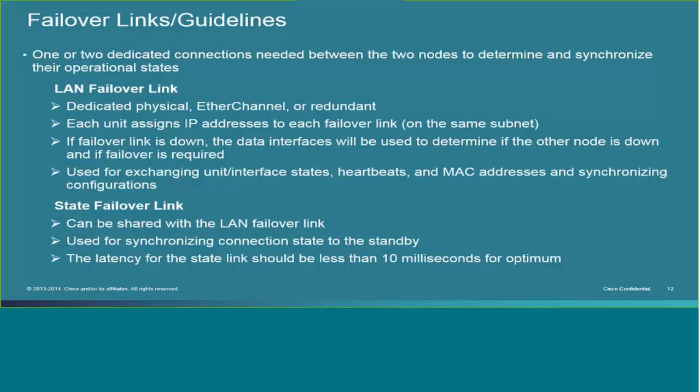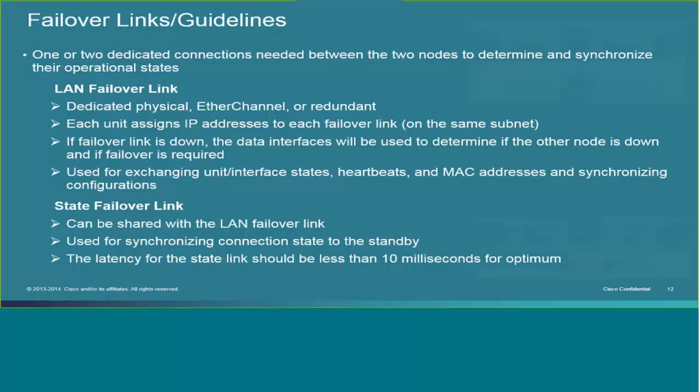The LAN link is used for synchronizing interface states, heartbeats, and MAC addresses during the setup of the failover. As soon as we enable failover, you will see interface MAC addresses and the device state being exchanged over the LAN failover link. The stateful failover link is just for synchronizing the connection states from the active to the standby.